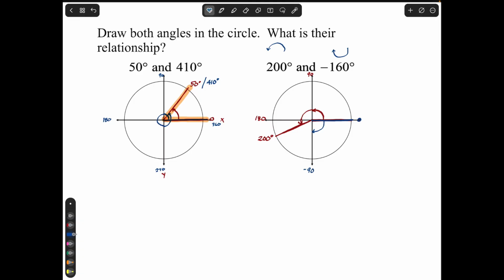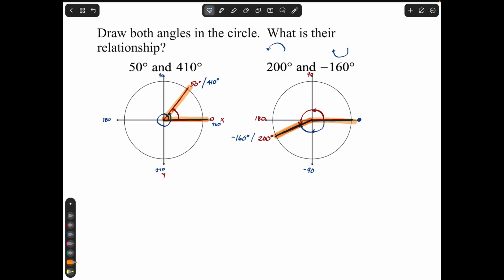I need to go another 70 degrees from 90, so we're going to go about 70 degrees more, and you'll notice we hit the same spot right here. Okay, so our 200 degree angle is also going to be the same spot as our negative 160 degree angle. So this right here, that terminal side is the terminal side for both of the angles here that are in the standard position. So what is their relationship?